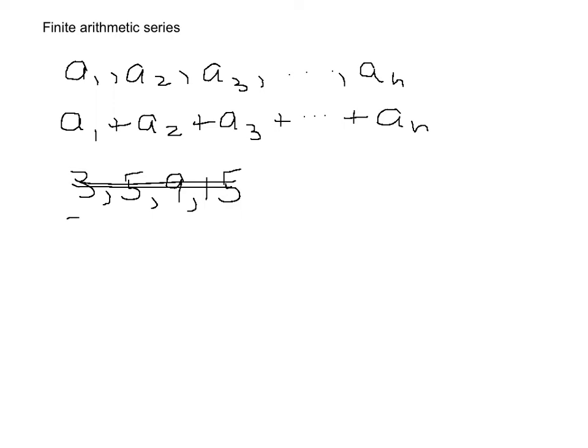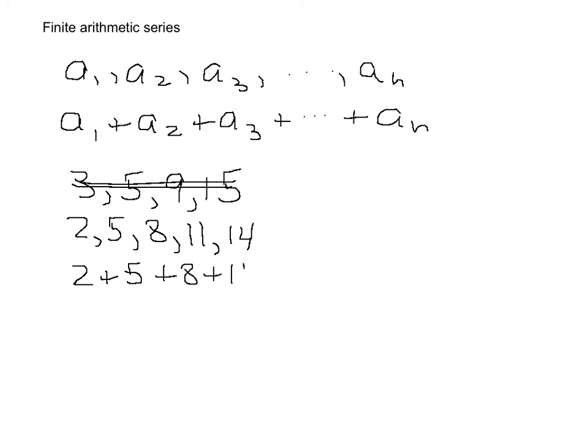So suppose we have 2, 5, 8, 11, 14. Then the corresponding series is going to be 2 plus 5 plus 8 plus 11 plus 14. So what we'd like to do is be able to come up with a formula for the sum of a finite arithmetic series. And so let's move along and do that.